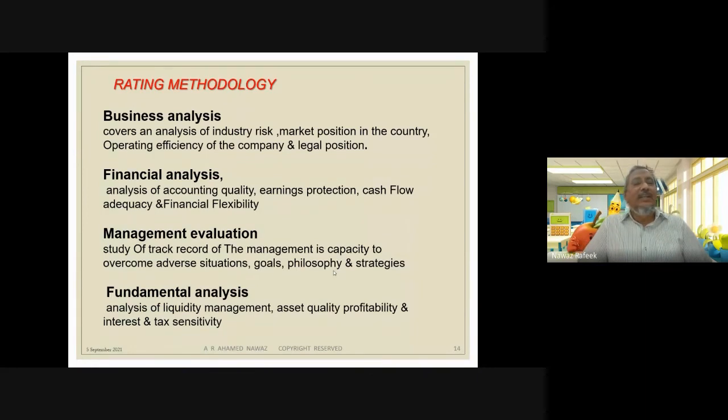Then the financial analysis consists of analysis of accounting quality, earnings protection, cash flow adequacy, and financial flexibility. Financial flexibility in a business is one of the vital pieces of information needed by a banker.